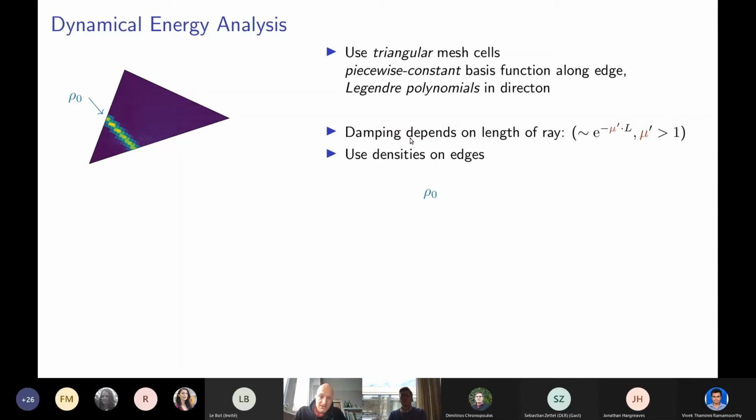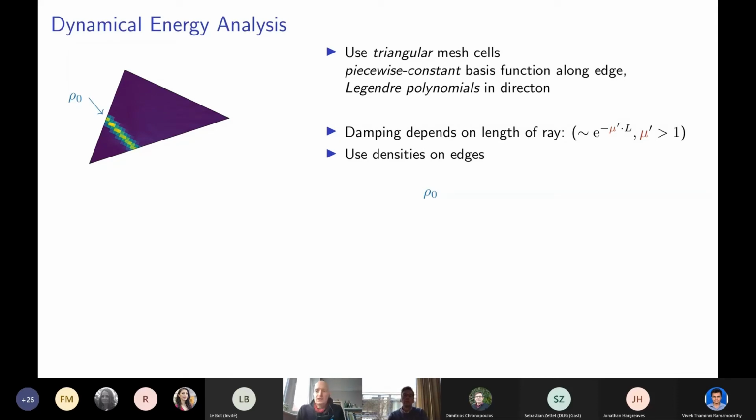We changed the damping a bit. So instead of damping out parts of the energy on each reflection, we take the length of each traveled ray and weight the transfer operator with a damping which is depending on length in this exponential fashion here. It turns out that this mu prime here can be linked to structural damping, also used in finite element computation.